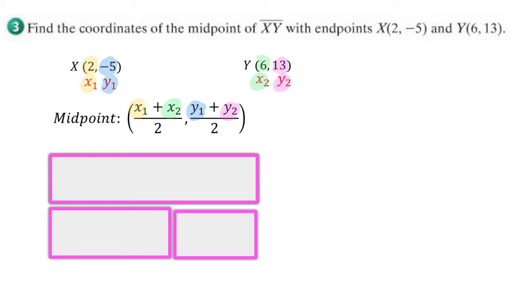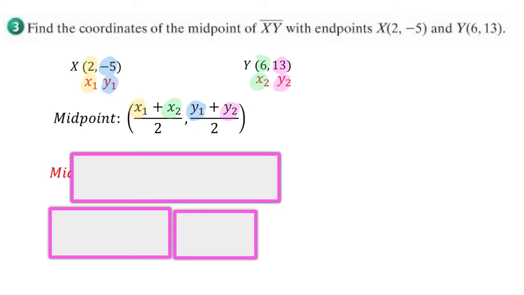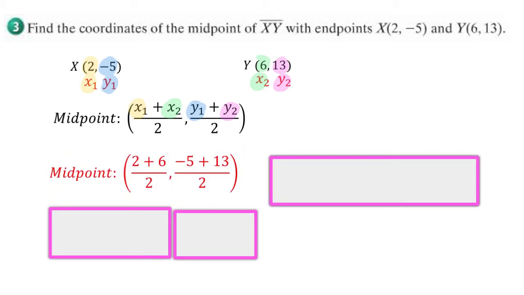And we can see when I fill in the formula, I fill in a 2 plus my x2 is 6, comma, my y1 is -5, and my y2 is 13.